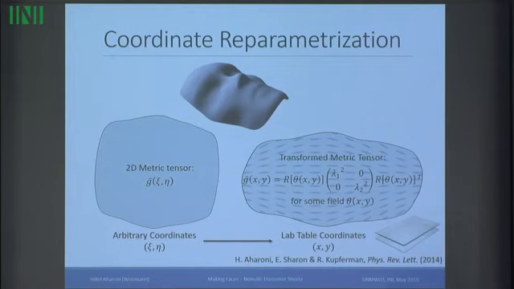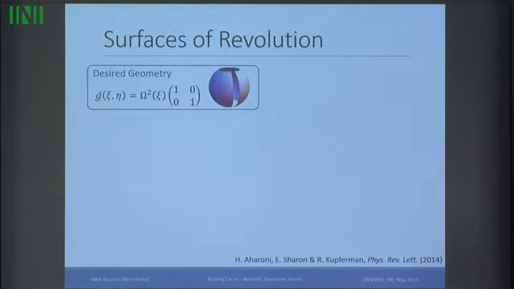Now let's see more visual examples. So again, I'm talking about symmetric cases, in this case, surfaces of revolution. So let's say we want to make this sphere, or any other surface of revolution, like a vase or whatever you want. Such a shape could be given in a conformal form.